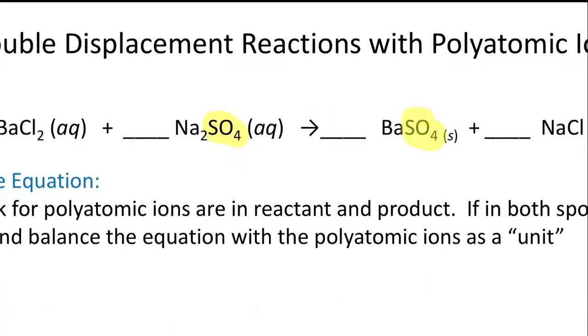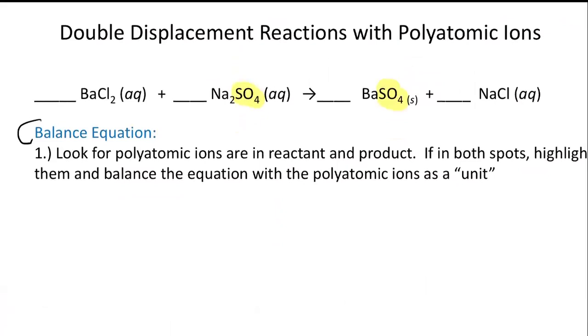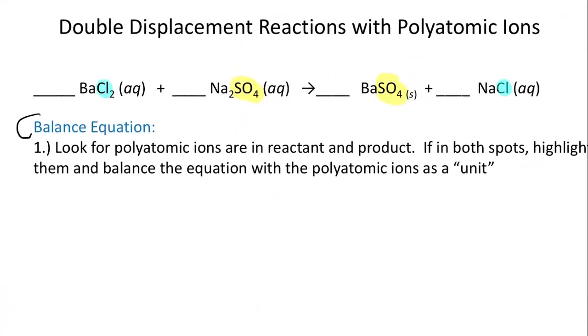So I'm going to keep track because I'm going to keep them as a unit when I balance things. I have a chloride and a chloride, and a sodium and two sodiums, right? And a barium. Let's give barium pink.